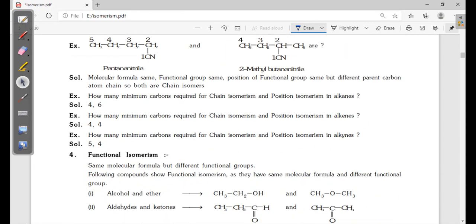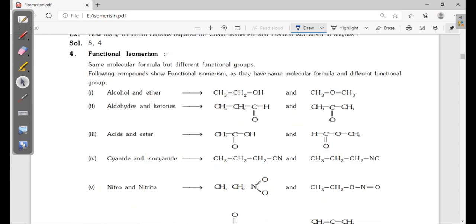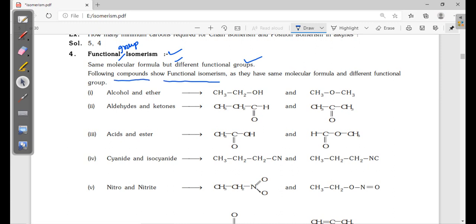Now the topic is functional group isomers, or functional group isomerism. Same molecular formula but different functional groups. The following compounds show functional group isomerism as they have the same molecular formula and different functional groups.